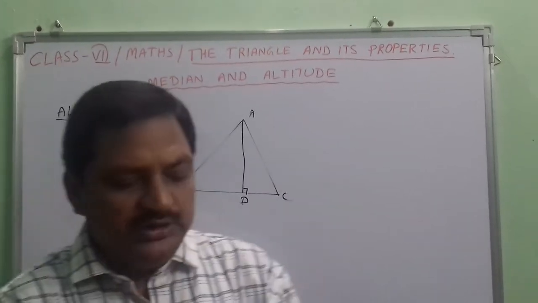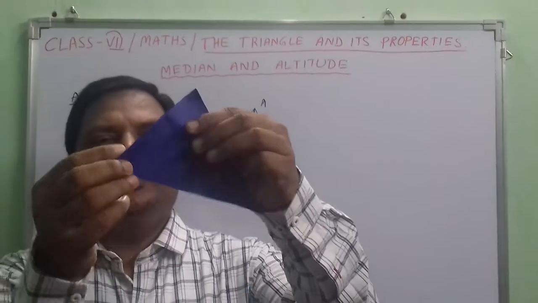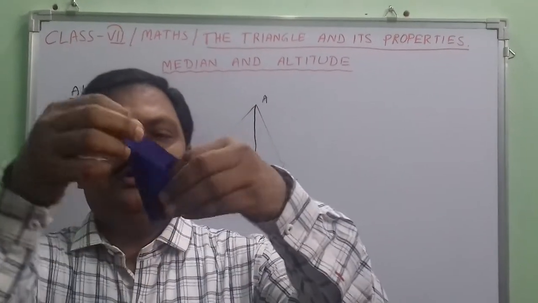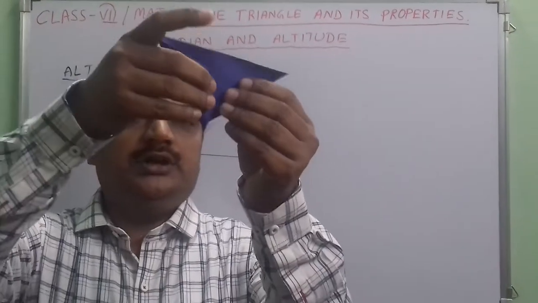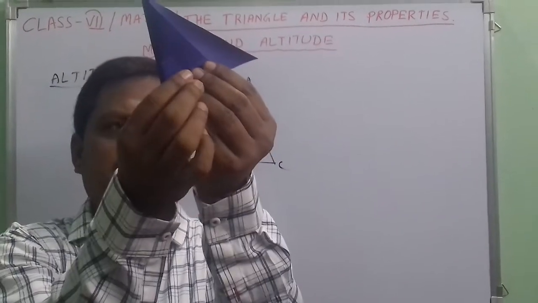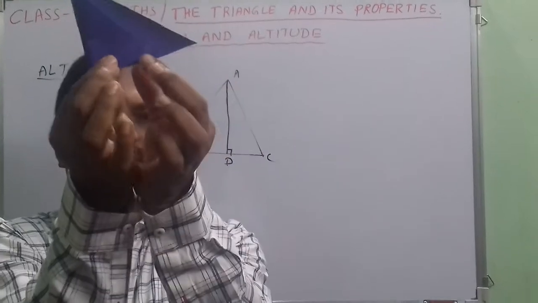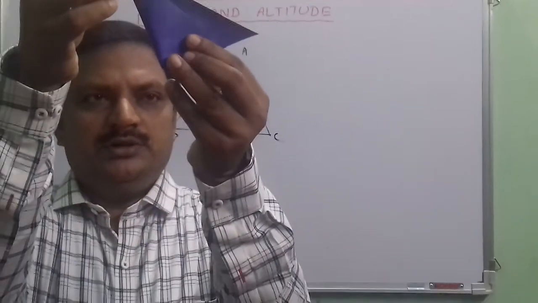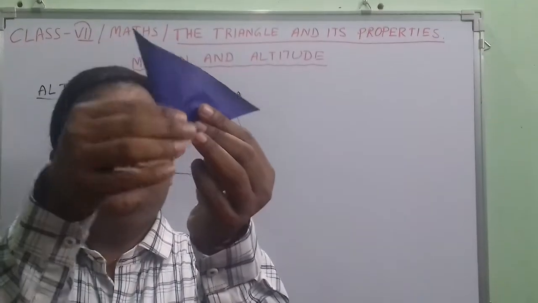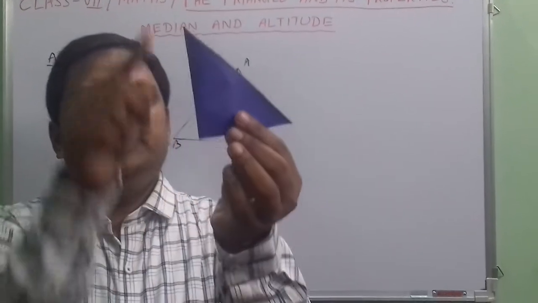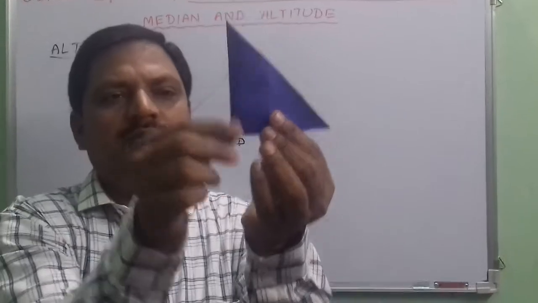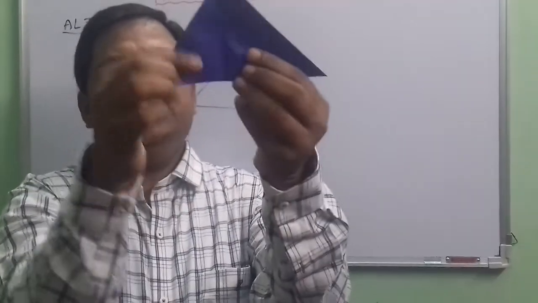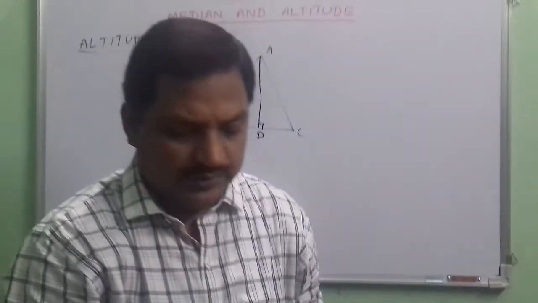So in this triangle I can do like this. If I fold it in such a way that it matches with the base, then you see this will give me the altitude. Here it is 90 degree. So this one line gives the altitude.